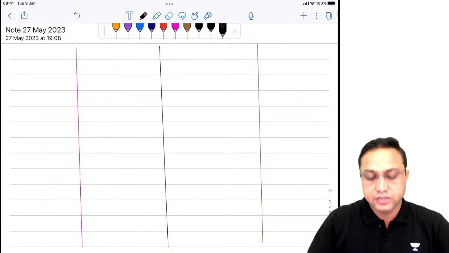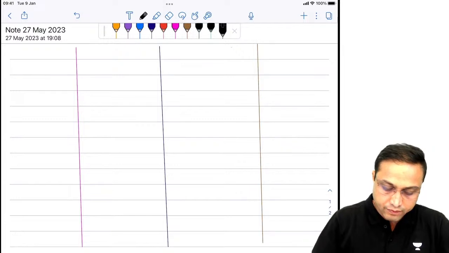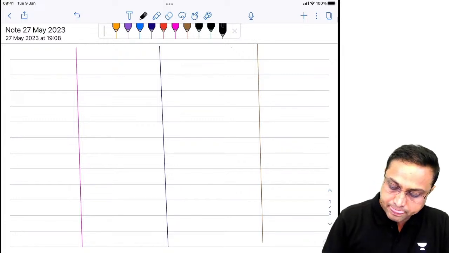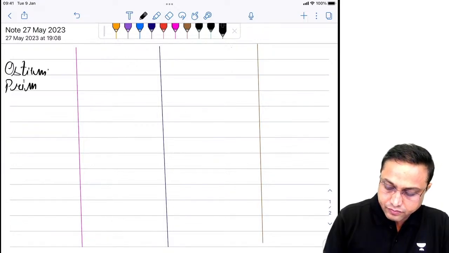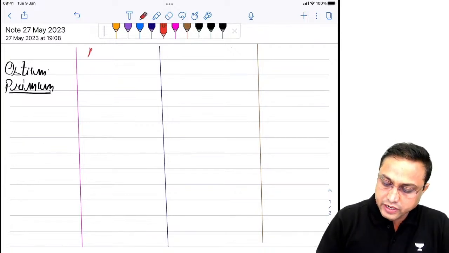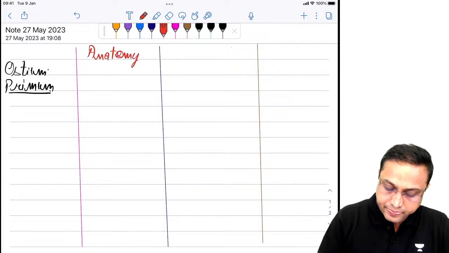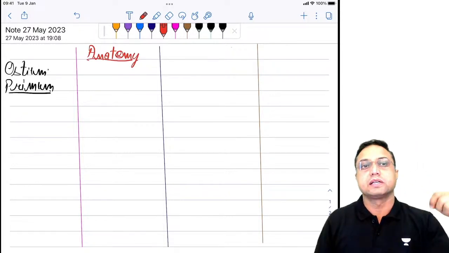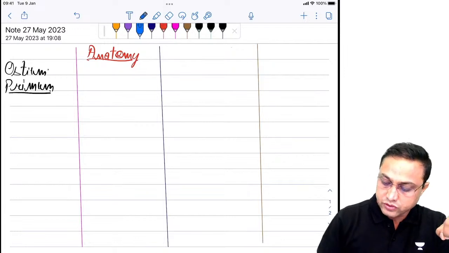The first very characteristic feature we are going to discuss is the ostium primum. Here we will discuss the anatomical defect. Can you please tell me where the defect is in the ostium primum?